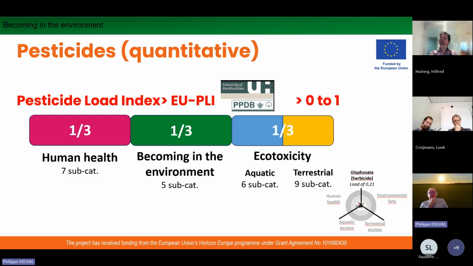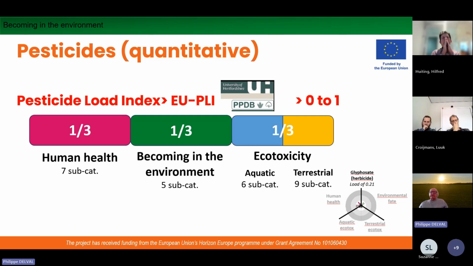and each part represents 1/3 with a different number of subcategories. For instance, for human health, you have 7 subcategories. For behavior in the environment, 5, and for ecotoxicity, we have 15 based on aquatic and terrestrial impacts.